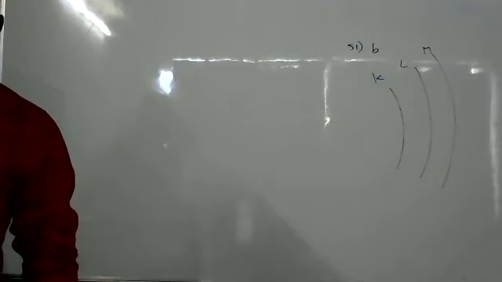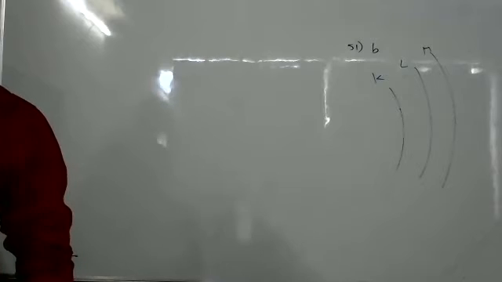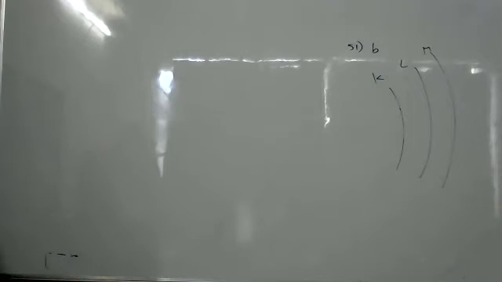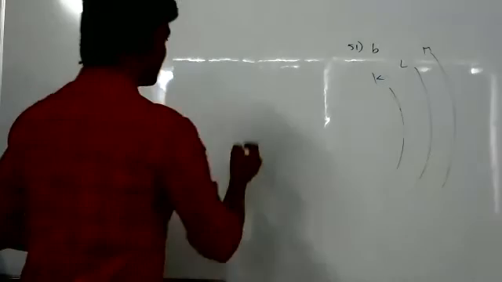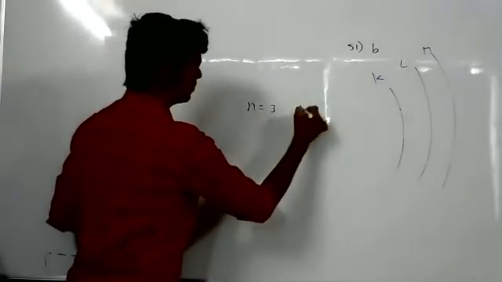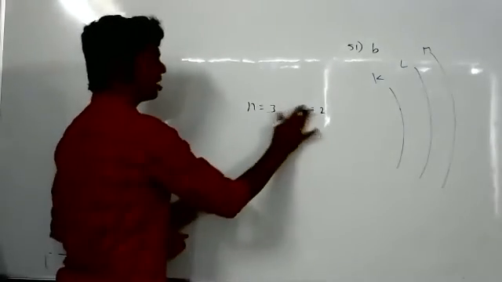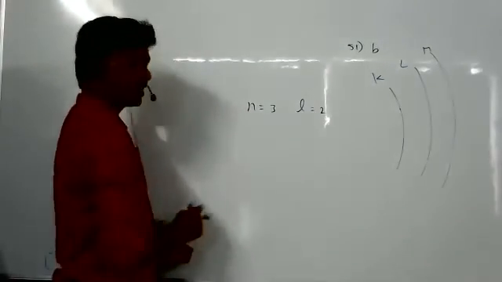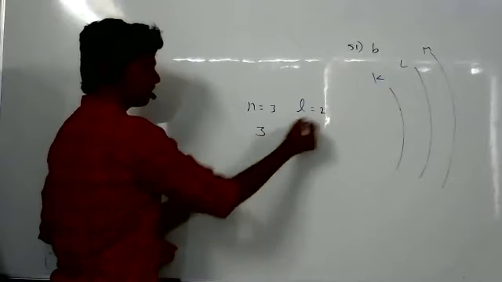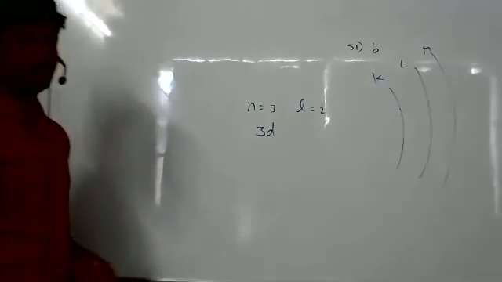Next, Priyanka. Yes, sir. Which of the following radial distribution graphs correspond to n is equal to 3, l is equal to 2 for an atom? Okay, what n equal to 3, l is equal to 2. What is orbital? So, 3D, right?